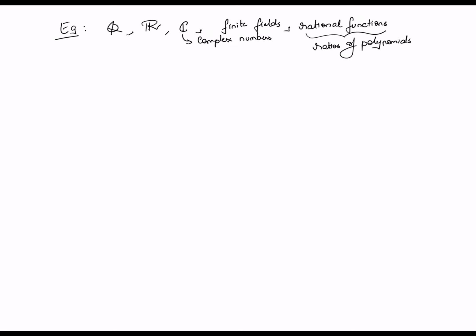So I'm going to post a homework which will have many more of these, but at this point I'm just going to list a few and then I'll go through the argument for just some of them. Okay, so say x, y and z belong to F, where F is a field.